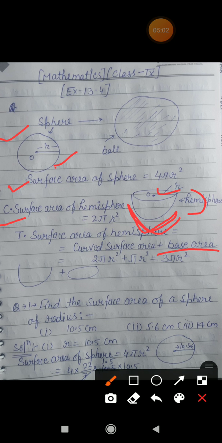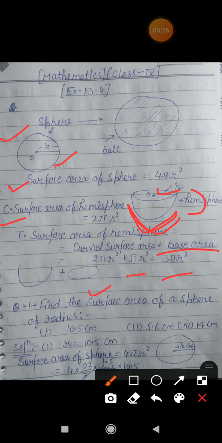And the figure in the base of a hemisphere is a circle. So we have to use the area of a circle here, and the area of a circle is pi r square. So you add the curved surface area and the area of the base, and this becomes 3 pi r square.